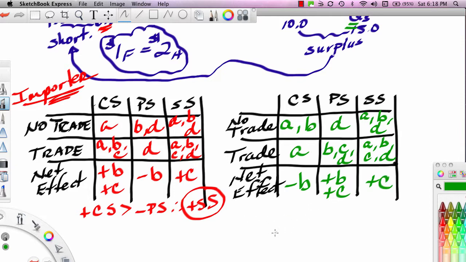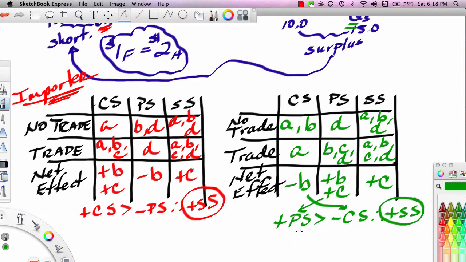So what we see here, think about this, the gain in producer surplus is what? Greater than the loss of consumer surplus. Here's the loss of consumer surplus. Therefore, there's an increase in societal surplus. So the exporter, while it has a winner and a loser, the winner wins more than the loser loses.